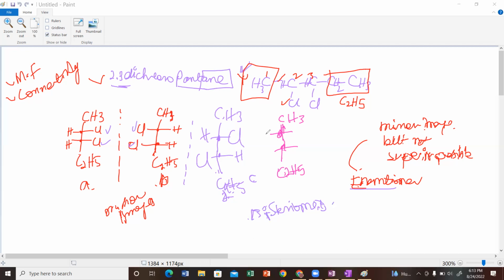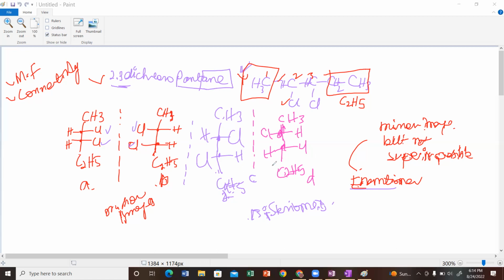So if I keep chlorine here, hydrogen here, again hydrogen here, chlorine here, this structure must be structure D. Now if I place a plane between structures D and C, are these mirror images? Yes, they are mirror images of each other because chlorine is facing chlorine, H is facing H, C2H5 is facing C2H5, and CH3 is facing CH3.